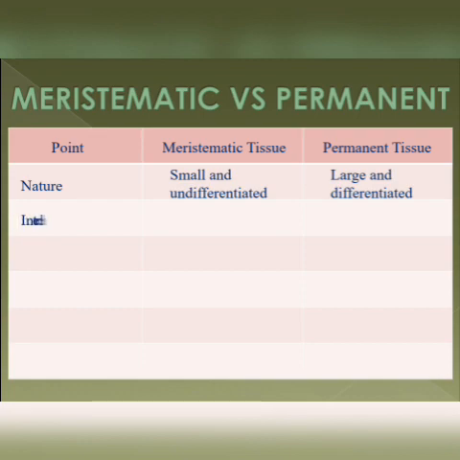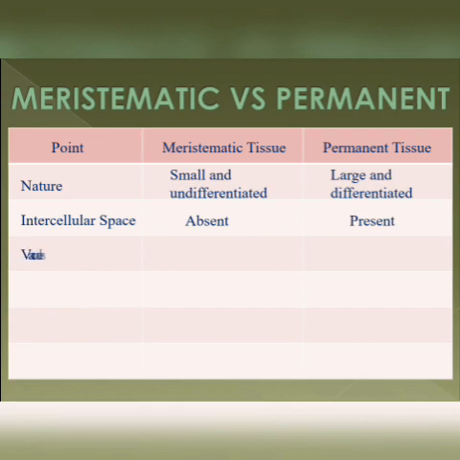Next, intercellular space. In meristematic tissues, there are no intercellular space seen in between the cells. In case of permanent tissue, intercellular spaces are present in them.